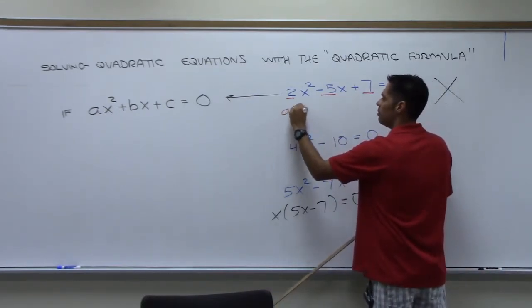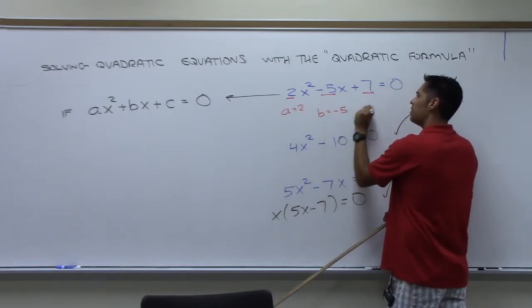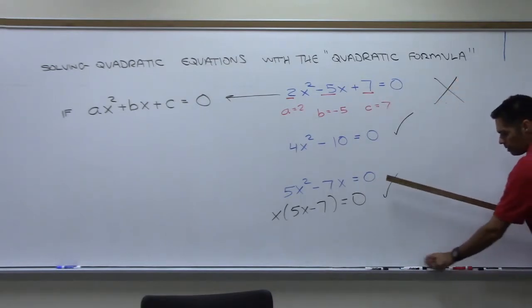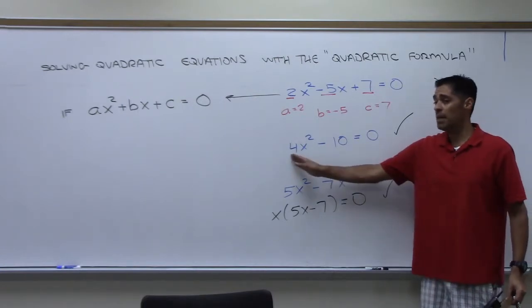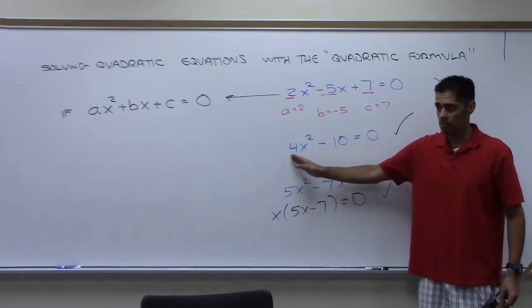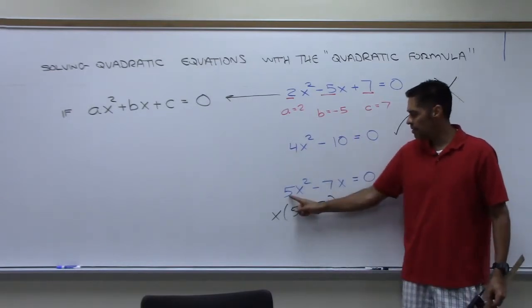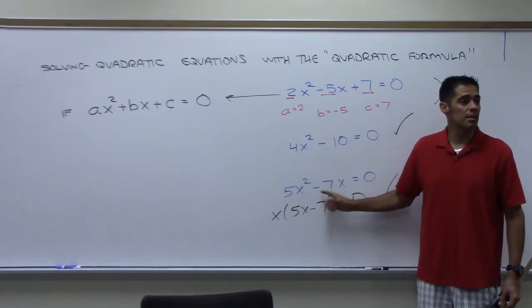So here A is 2, B is what? -5, and C is 7. We could say here that A is what? 4, B is, it's not here, so it's 0. And C is -10. Here we would say A is 5, B is -7, and C is 0.